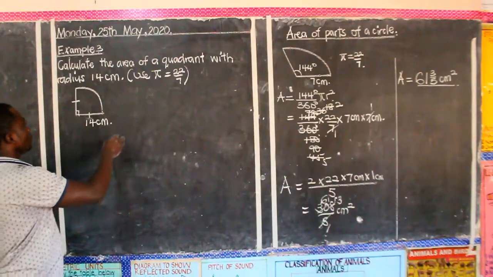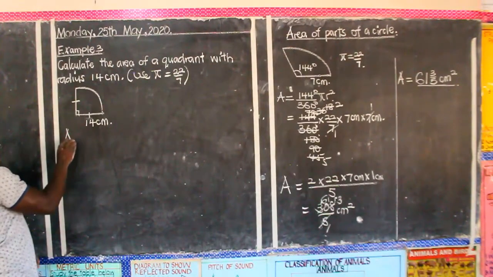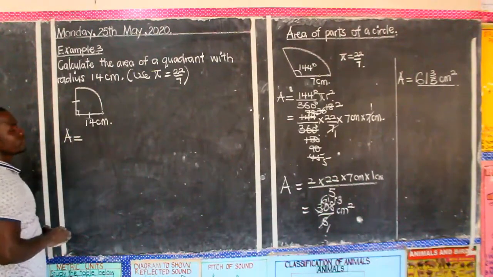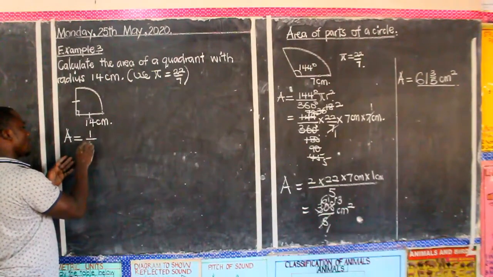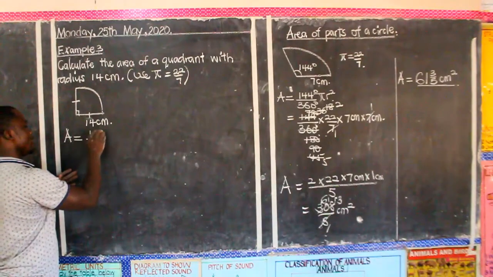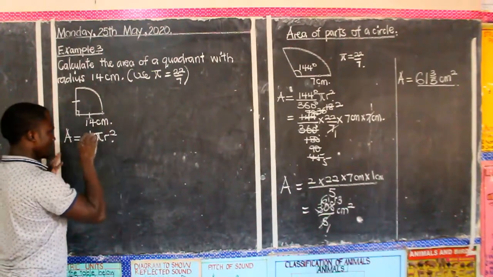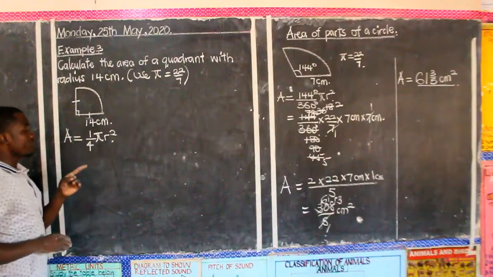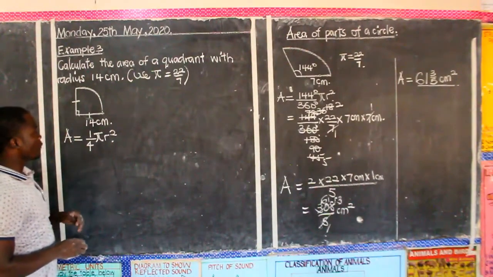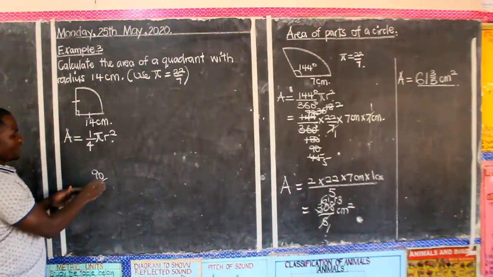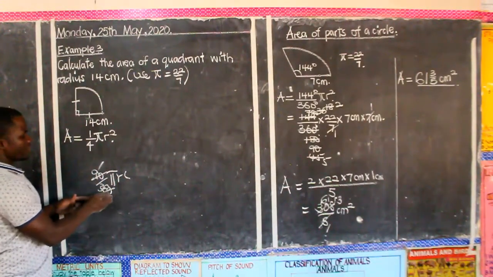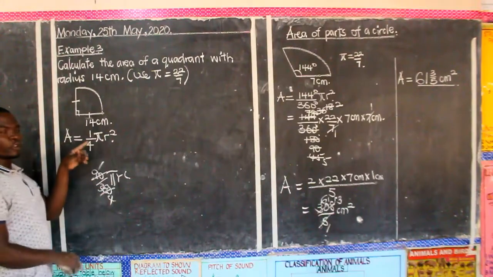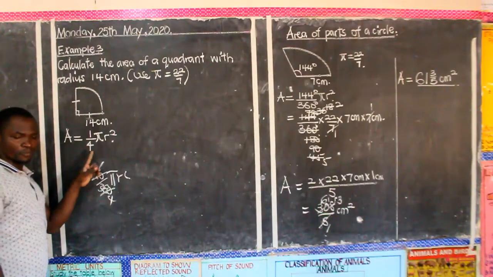So we say that area of a quadrant is a quarter pi r squared. Where is a quarter coming from? It is 90 out of 360 pi r squared. When you divide it here, you get a quarter. Have you got where it is coming from?